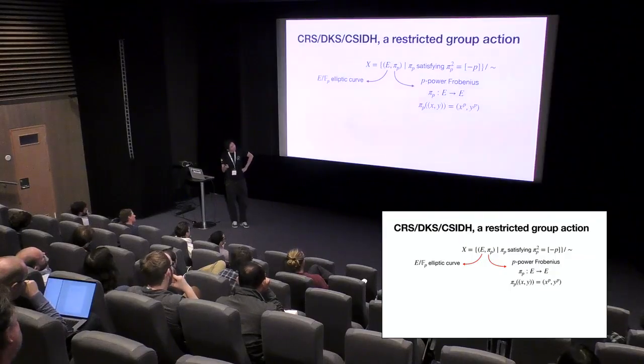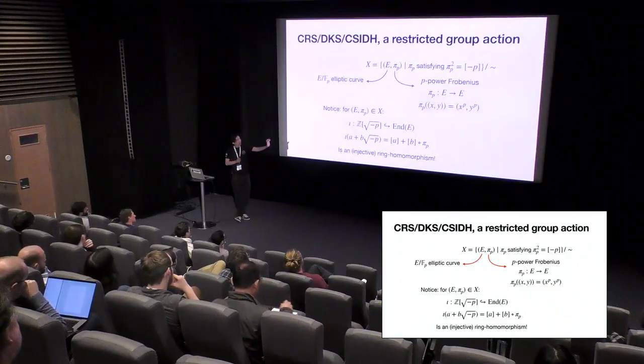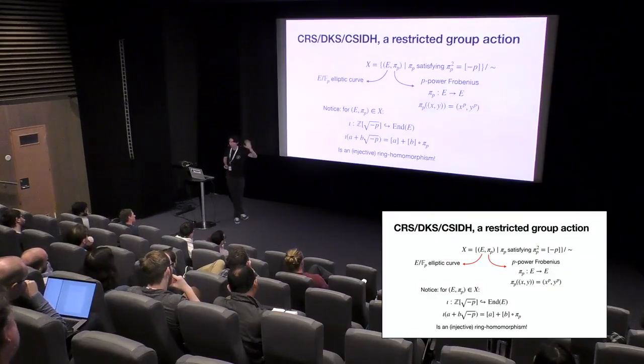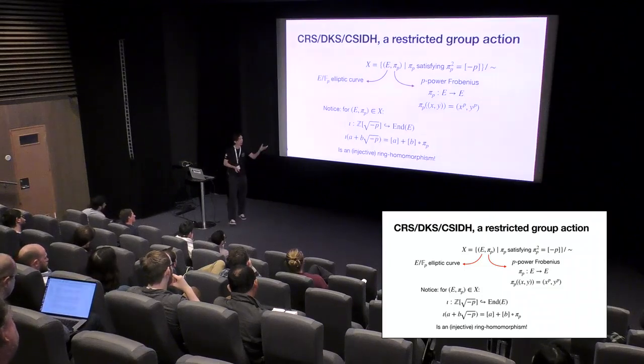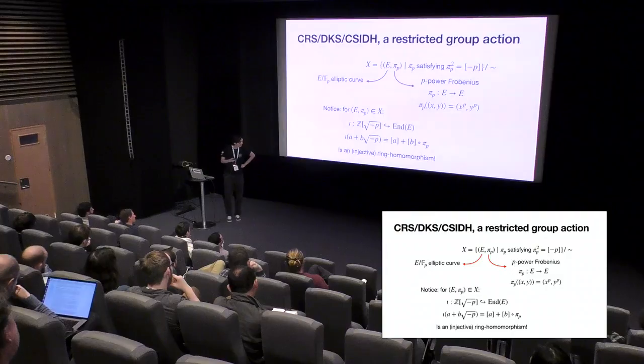Now to connect this to the class group, which might not be immediately obvious, again, luckily Ricardo covered the endomorphism ring, and now it's clear that simply by sending the square root of minus p to the pth power Frobenius for our set element, this will be a ring injection. So now we at least have some kind of relation between our group, which was the class group of this thing, and our curves, or our set elements.